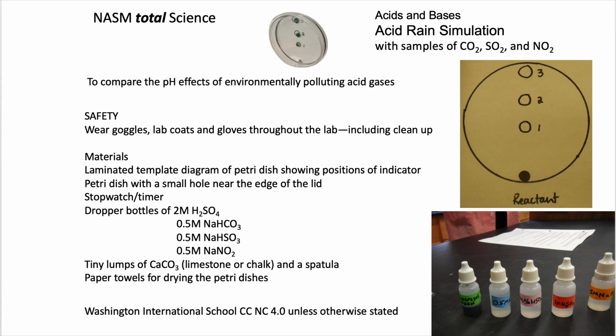The top of the Petri dish has a small hole near the edge of the lid. That's what you're going to put over the black dot. You'll also need a timer, dropping bottles of solutions, tiny lumps of calcium carbonate, and paper towels.